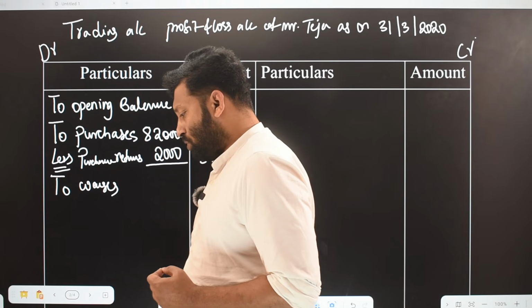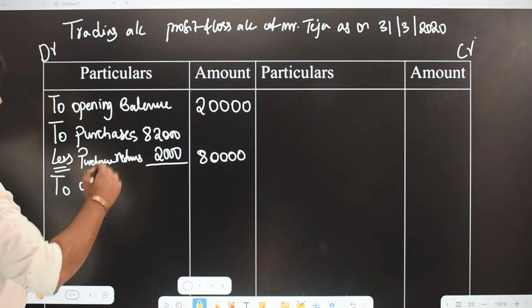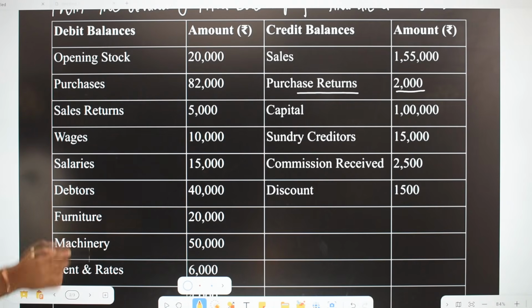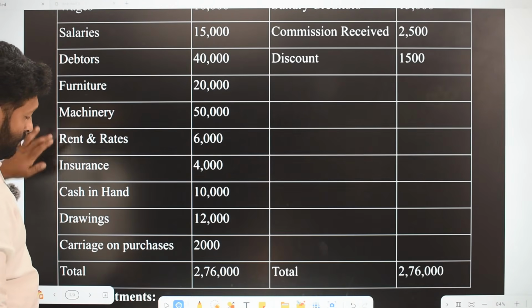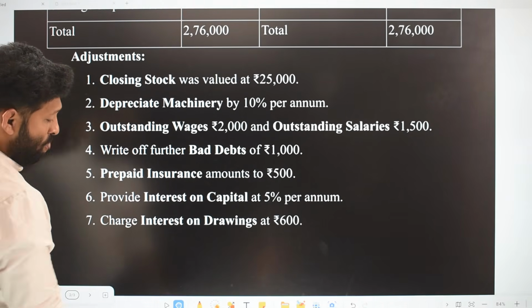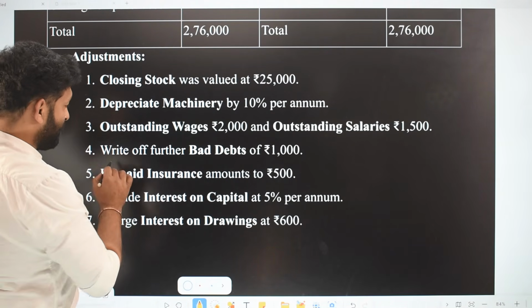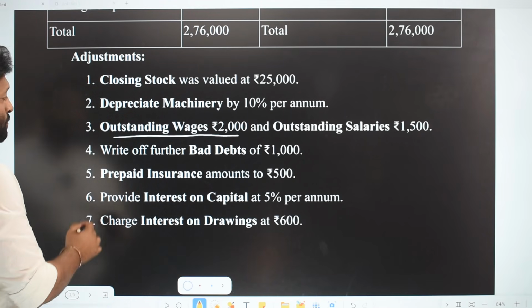You just go through that video to understand more clearly about this adjustment. Now check the adjustment here. Yes, we have outstanding wages. What is the treatment of outstanding wages? Outstanding wages is nothing but an outstanding expense.